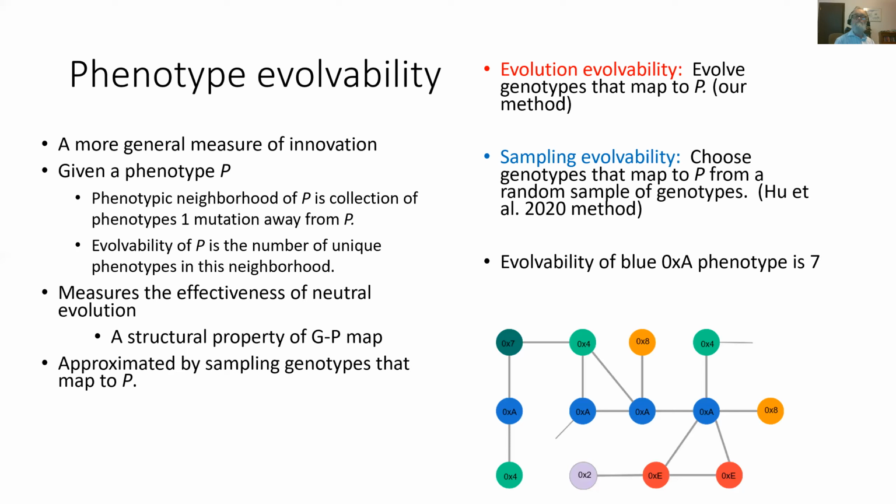So counting the blue itself, there are 7 such phenotypes. So the evolvability of that shown phenotype is 7, much greater in any realistic case.